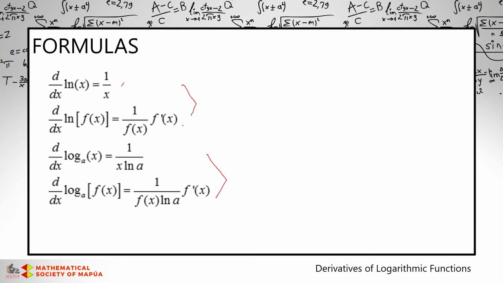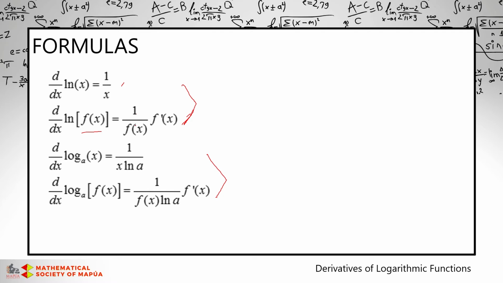Ito naman is, pagka function na yung laman, pag function na, ln of a function. So, when we say ln of a function, itong laman mo is pwedeng x plus 1, pwedeng sin x, pwedeng e raised to x, pwedeng x squared plus 3x. So, hindi lang siya x, basta kumbaga mas complicated na yung laman niya.